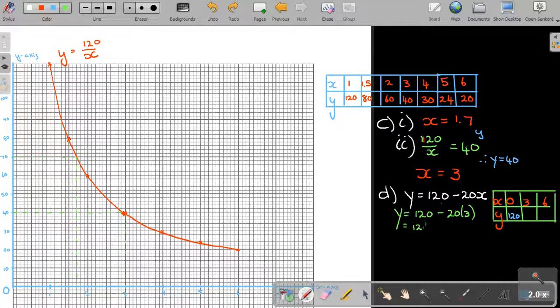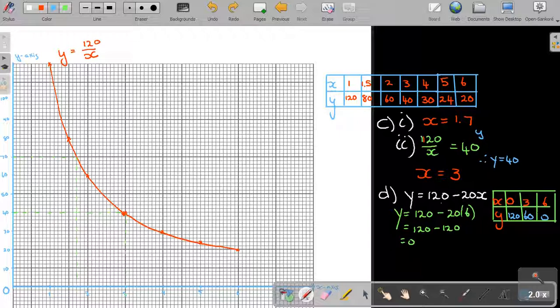And that's 120 minus 60. And then that is just going to be 60. And then if I use 6, then it's going to be 120 minus 120, and that's 0.